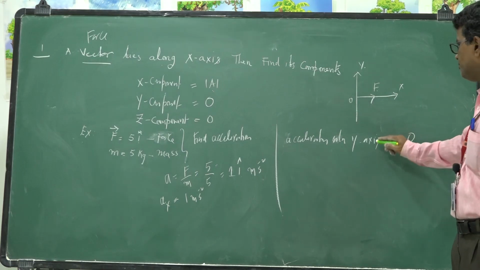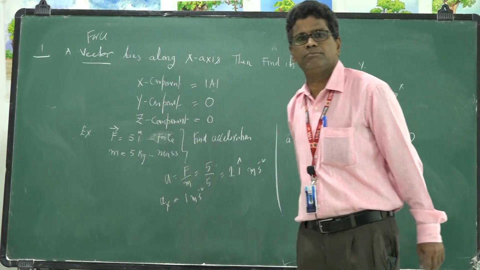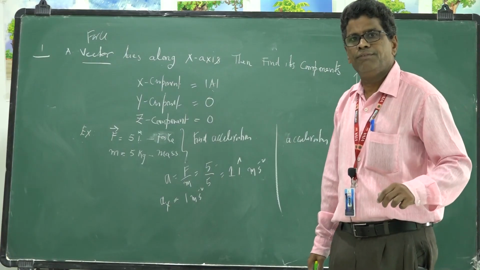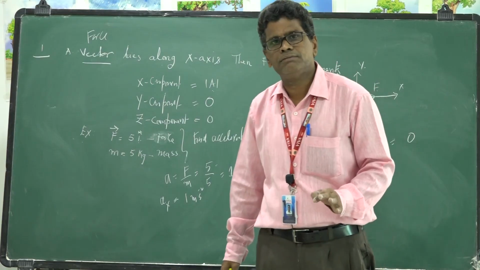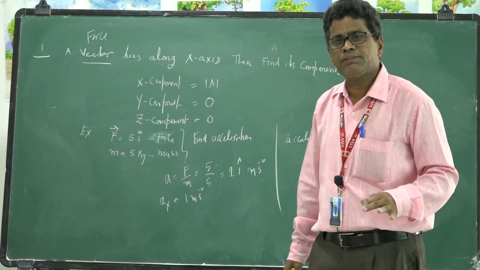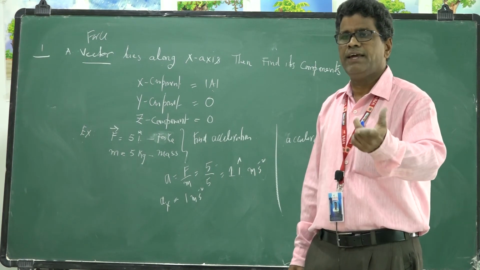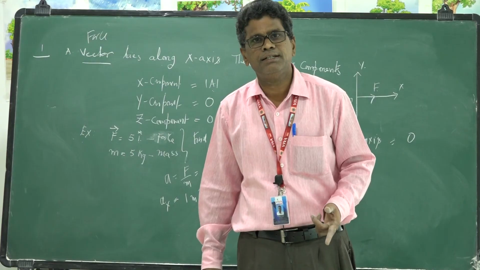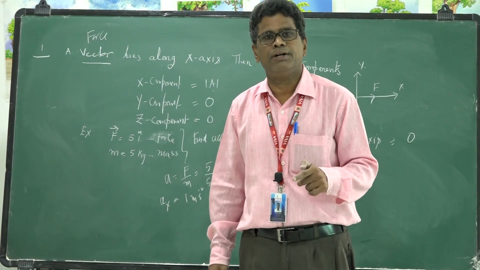Why? Because there is no force acting on the body in y direction. Here, the force acts along the x direction only. Force is a vector, a physical quantity. When a force acts on the body, one question arises in your mind: in which direction will it act on the body?